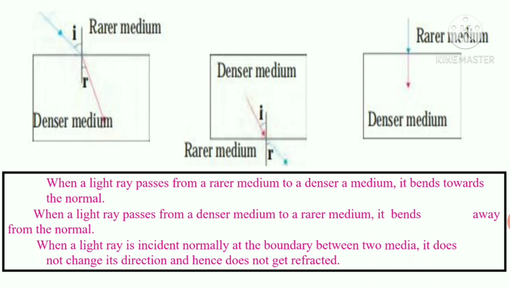In the second diagram, you can see the light passes from a denser medium, that is glass, to a rarer medium, that is air. It bends away from the normal. When a light ray is incident normally at the boundary between the two media, it does not change its direction and hence does not get refracted.